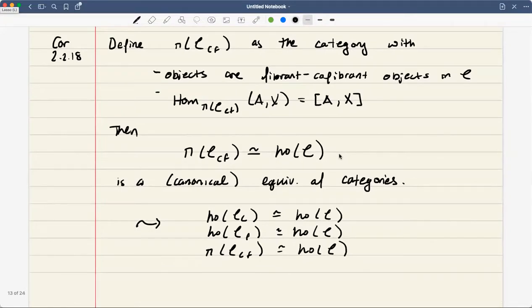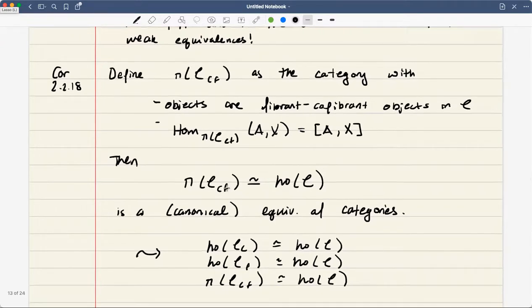So, we defined the homotopy category with weak equivalences. We could just define this other category to have objects which are fibrant and cofibrant at the same time, and the maps between them are the normal maps, but up to left homotopy. And then this corollary is reflecting what I was saying above: this category is canonically equivalent to the homotopy category.